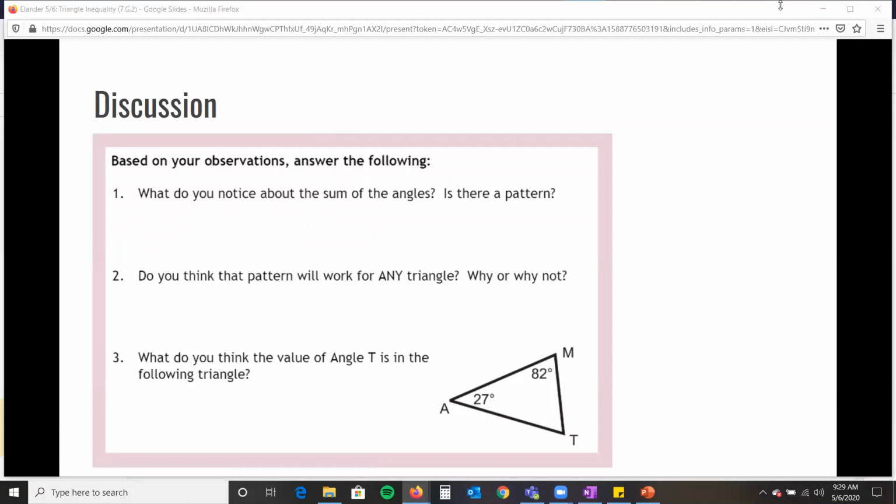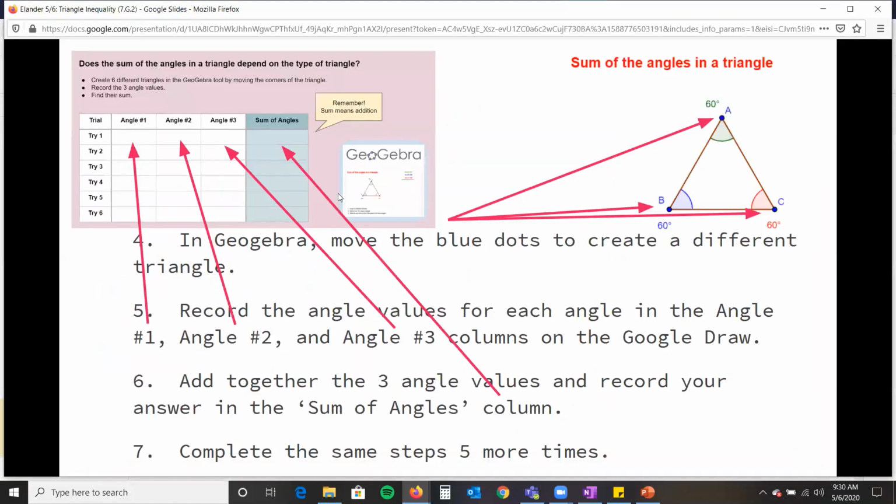Okay, two sides are not even, close to 180. So again, with our triangles, we're looking at the angles within. What do you notice about the sum of all those angles, if you add them up on your chart? Let me back up real quick. On our chart here, what did you get in the blue?